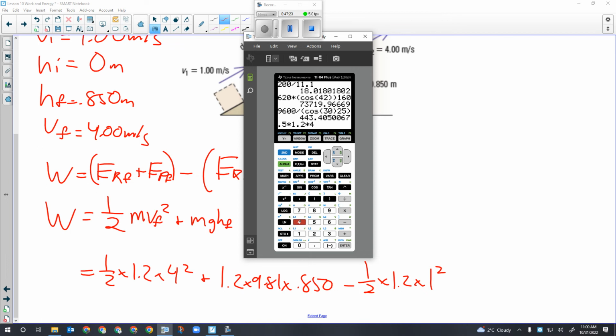It's a lot of numbers, yes, but at least it's not a lot of manipulating. All right, 19 joules. So that's how much work would be required to accelerate this block up the ramp to 4 meters per second, 0.850 meters higher than the bottom of the ramp.